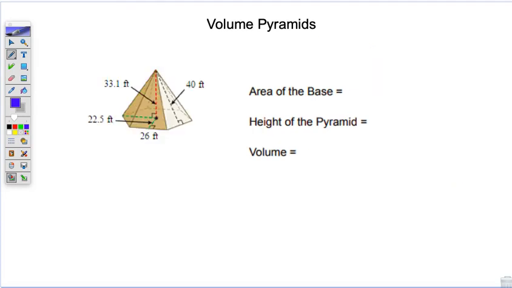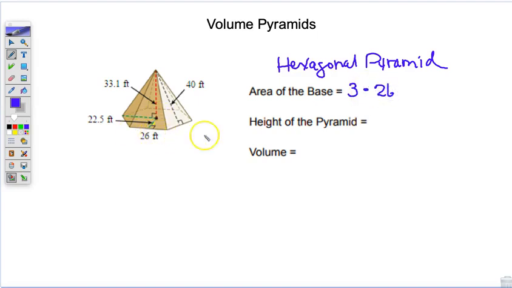Next on our example list, looks like we have another hexagon here at the bottom. So that again is a hexagonal pyramid. So we're going to take that formula, which remember always includes that 3 times the side measure, which is 26, times the apothem, which is 22.5.